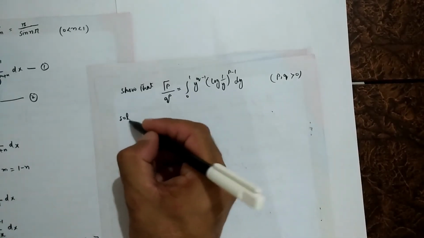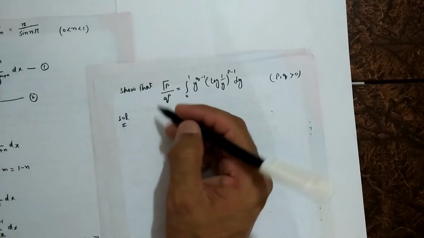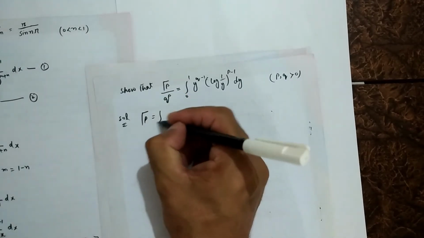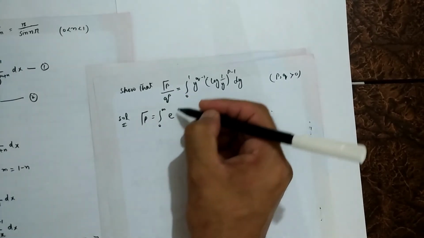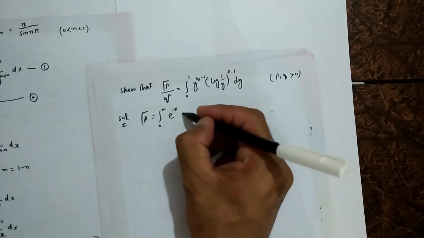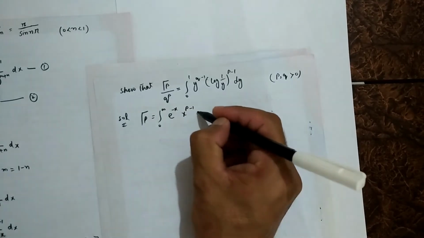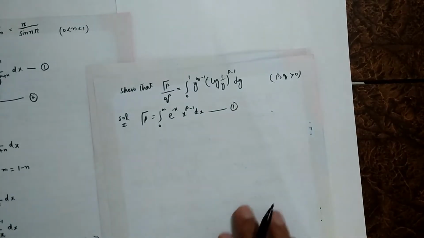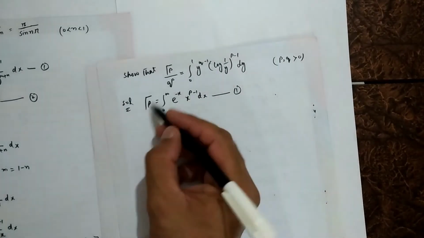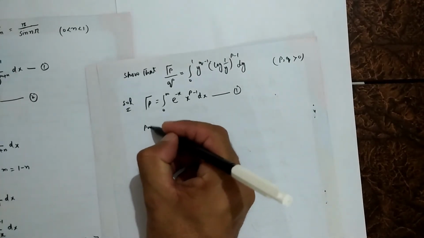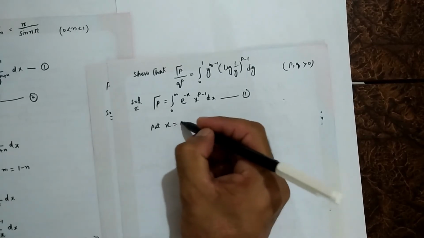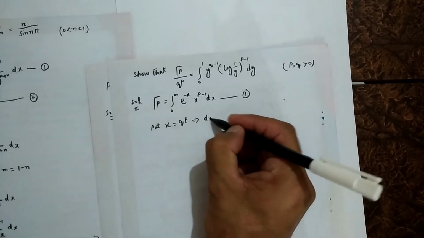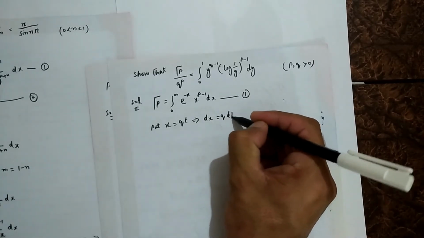So by definition of the gamma function, gamma p is equal to integral from 0 to infinity e to the power minus x, x to the power p minus 1 dx. Let this be equation number 1. Now put x equals qt, therefore dx will be equal to q dt.